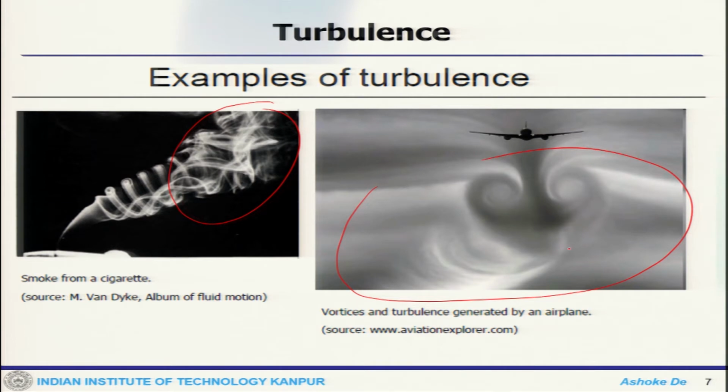So, these are highly turbulent in nature. So, that is what one can look at, different examples of turbulence and other applications.